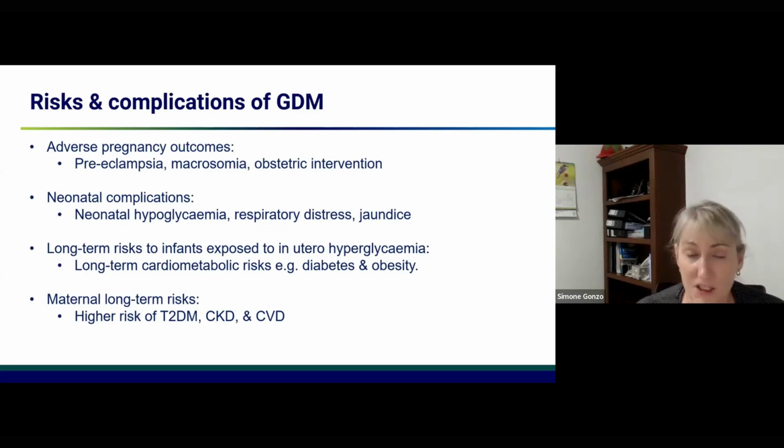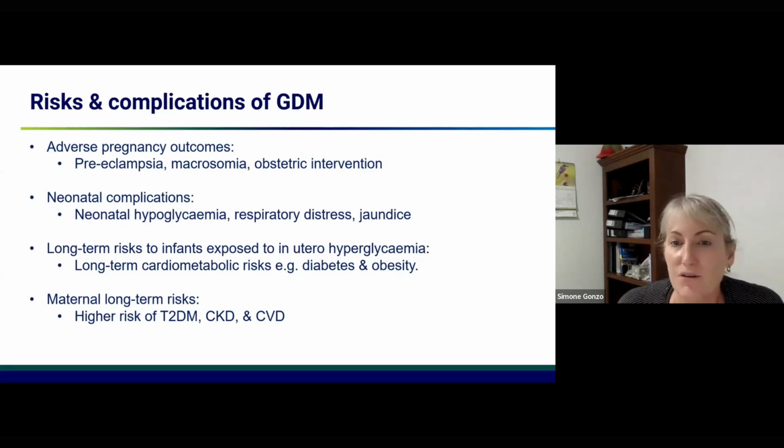For the mother, the maternal long-term risks include a higher risk of type 2 diabetes, chronic kidney disease, and cardiovascular disease as well. So just explaining to patients why we focus so much on GDM may show how important the diagnosis is, and treatment if required.